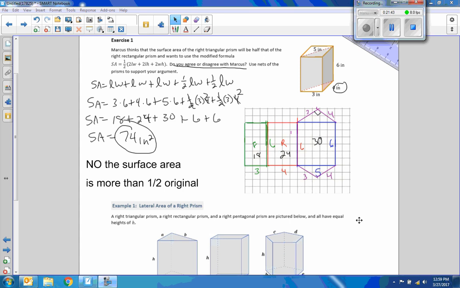It's not the same. Because if we're going to cut this in half, we take half of the surface area off, but then we're adding this backside, which was 30.